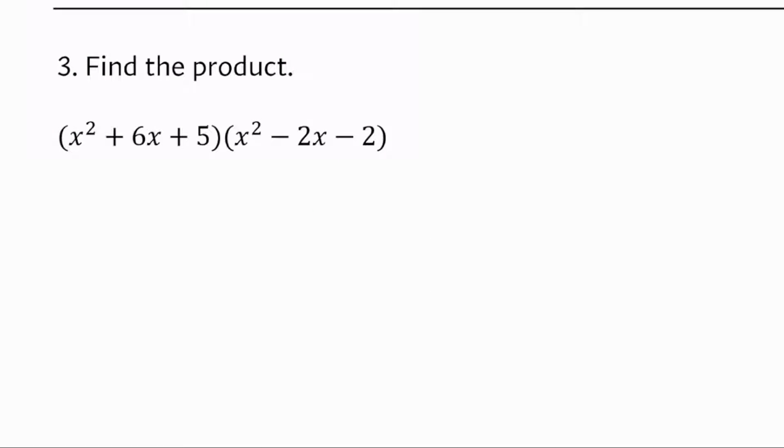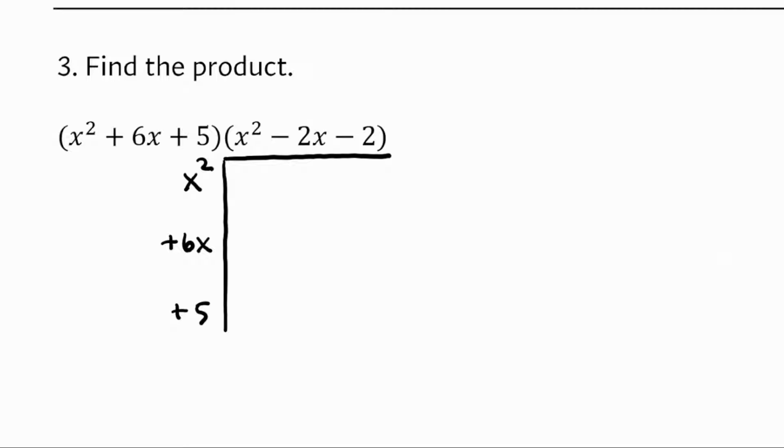Alright, now I'll find the product. So with a big multiplication like this, I'm going to recommend that you use the box method. So I'm just going to kind of use the one that's already written on the page and say x squared positive 6x and positive 5.